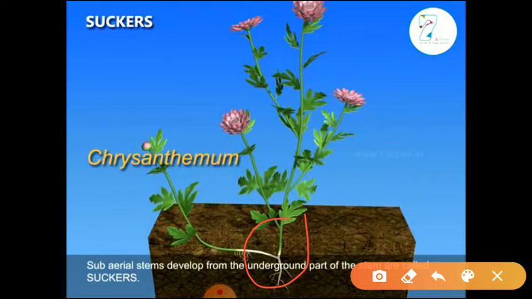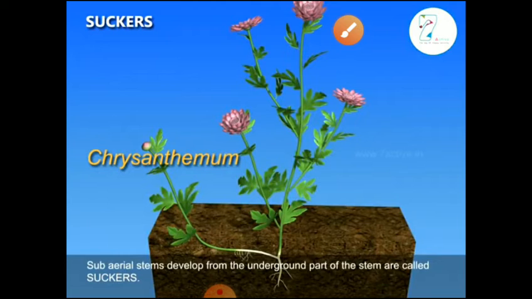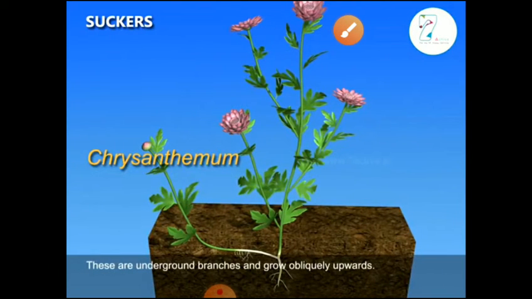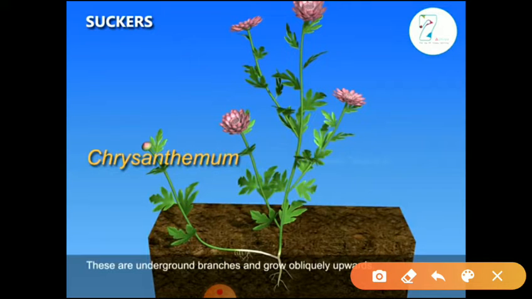So they always develop from the underground part of the stem. That's why we call them suckers. These are underground branches and grow obliquely upwards. In the case of suckers, they grow in an obliquely upward direction.